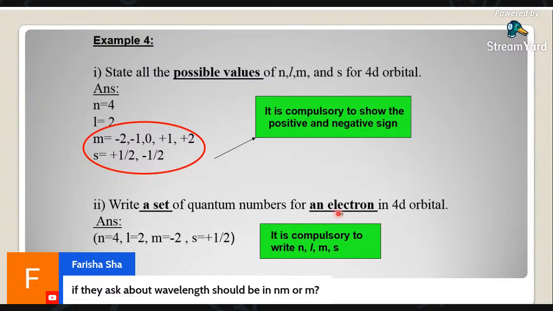Now the question is asking for one electron in 4d. So n equals 4 because 4d, and l equals 2 because it is a d orbital.